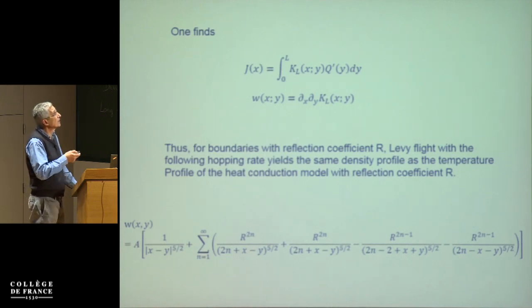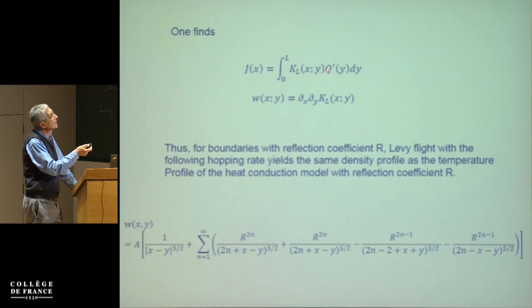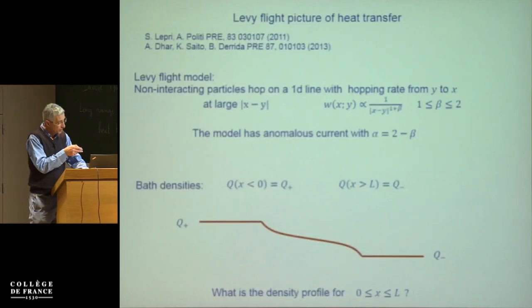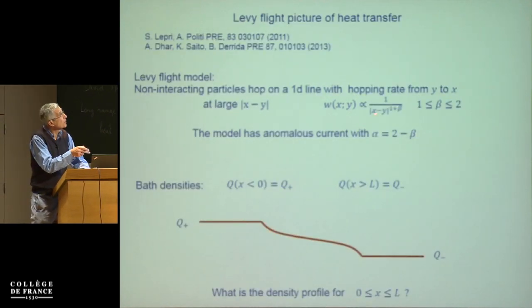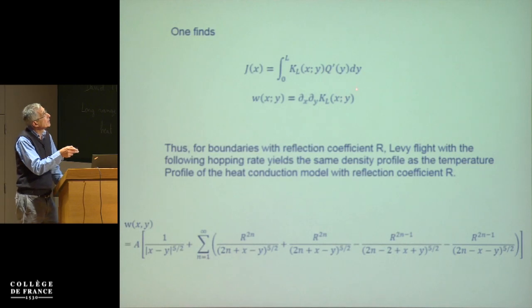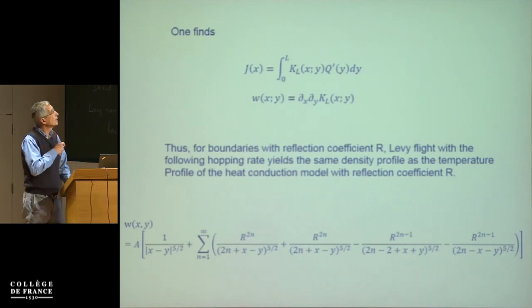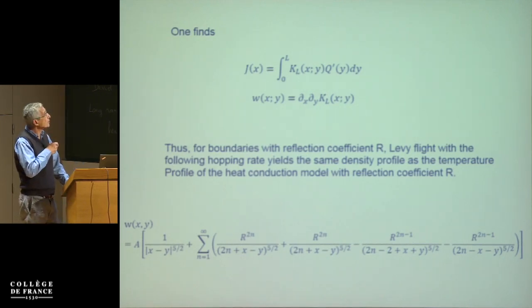Q prime is the gradient of the density. And this kernel is related to the hopping rate that I described here by this relation, that the second derivative of the kernel is this hopping rate.